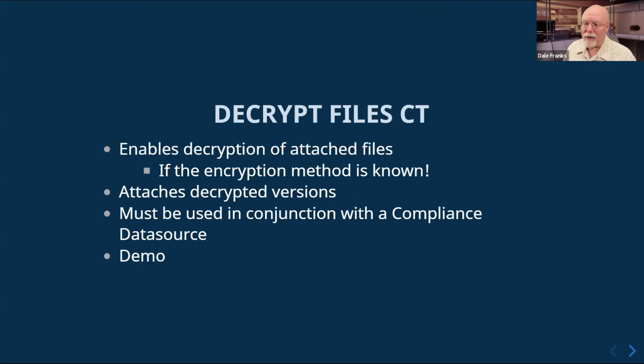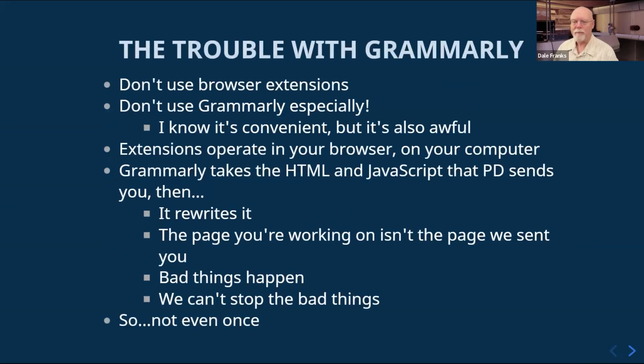It's obviously going to have a more limited use, a lot more limited than the SQL business values. But if you want to use decrypted files or encrypted files, you now have the capability of doing so in Process Director.